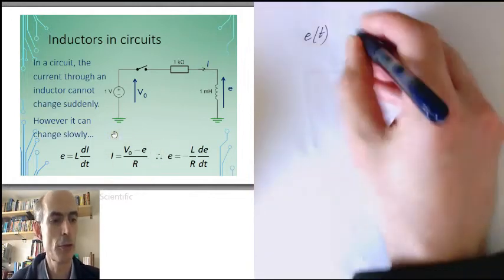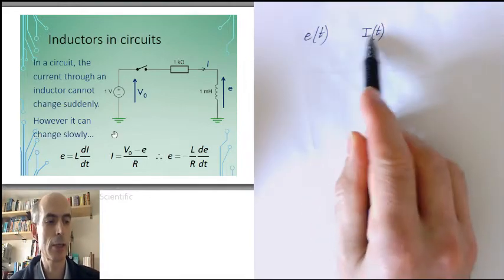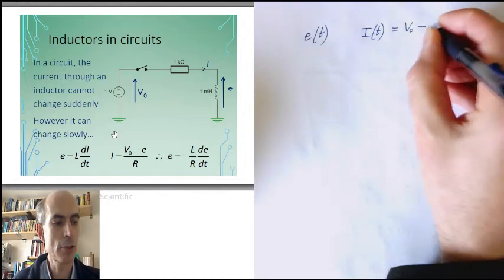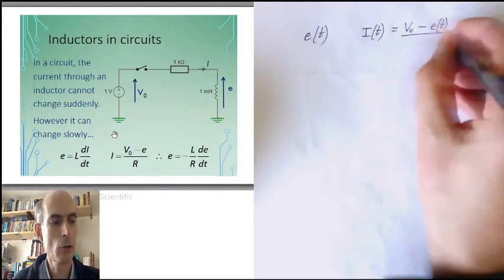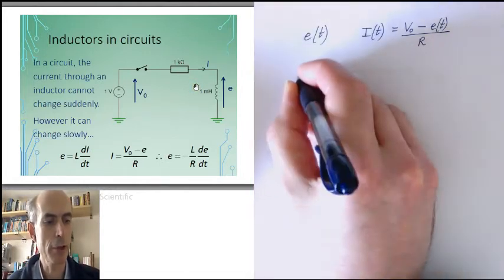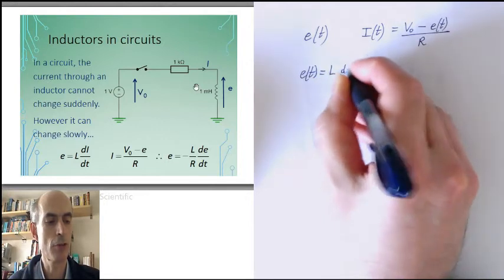The current through the resistor, which is a function of time, so I'll label it I, function of time, is V0 minus E over R, the value of that resistor. We also know that for an inductor, the voltage across it is given by L times the rate of change of the current. So E, function of time, is also equal to L times the rate of change of current.